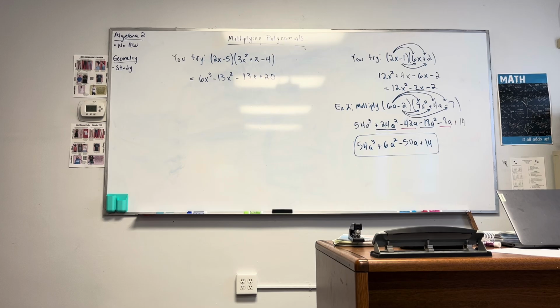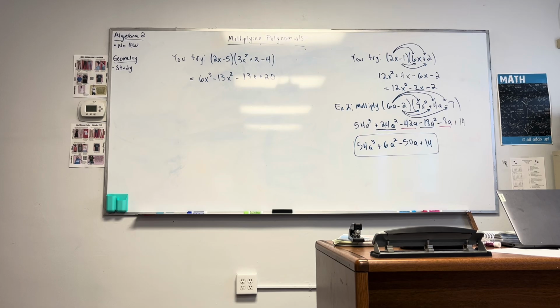Yes, Kim? Is this plus 3x or 2x squared? 2x times 3x squared, 6x to the third. No, it'll be a zero. And then you asked about 2x times x. It was 20 minus 8. Where did you get 20? So what number's in front of the x?